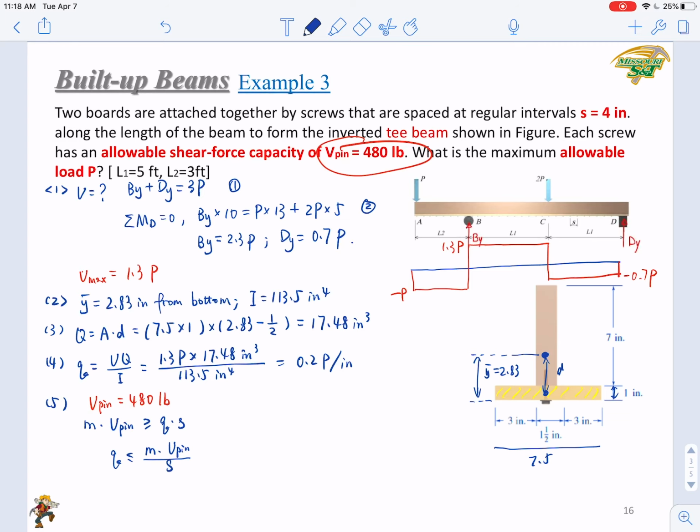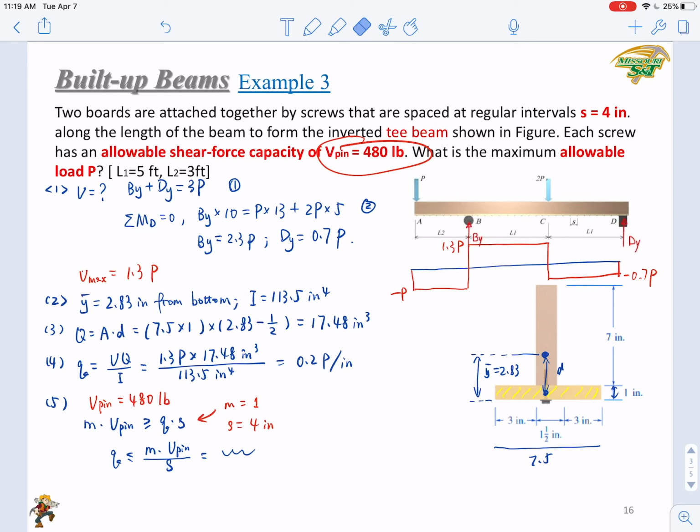So in this equation, what is the value of M? You have only one row of pins, of bolts, nails, so M equals 1. S is 4 inch. So here you can just do this calculation. I will skip this calculation.